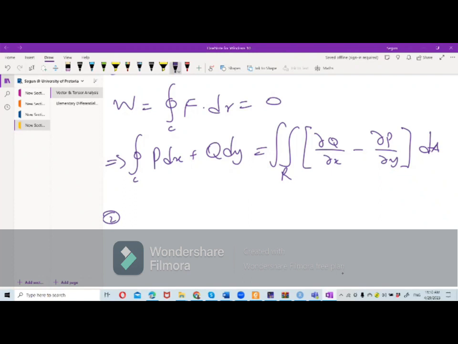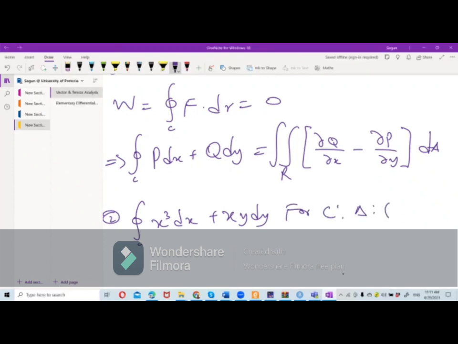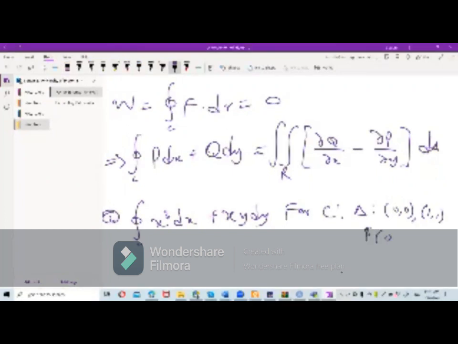So we have the integral of x cubed dx plus xy dy, where C is the triangle with vertices 0, 0, 1, 1, and 0, 1.